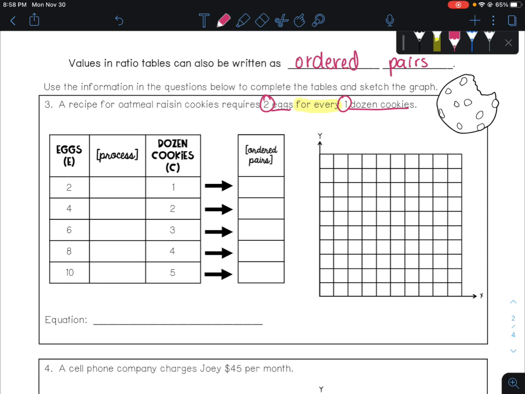So this one's kind of weird because if I'm trying to get from 2 down to 1, I can't multiply by a whole number. I have to multiply by a fraction. So how do you turn a 2 into a 1? It's actually the number 1/2. So if I do 2 times 1/2, that gives me 1.